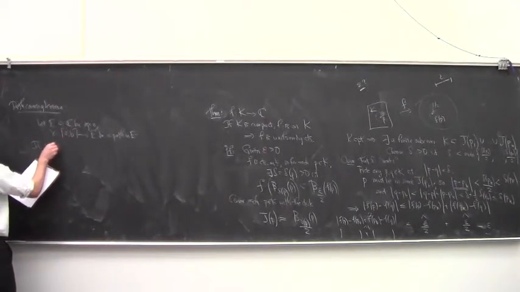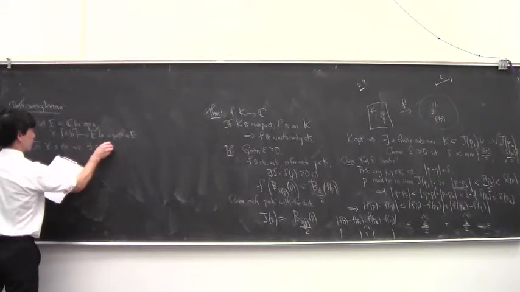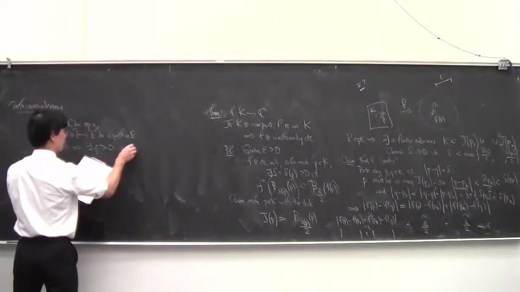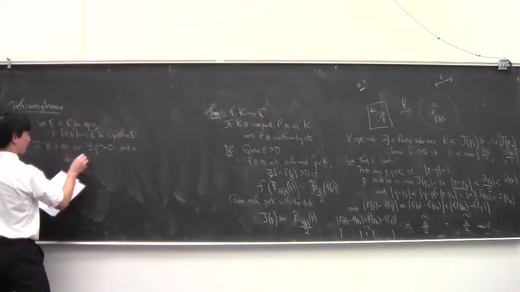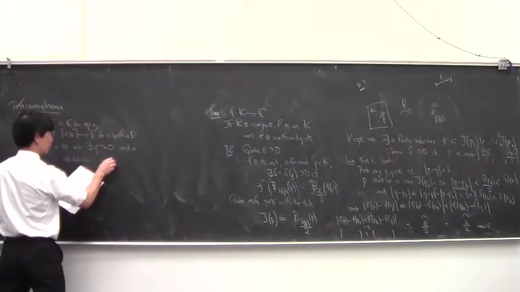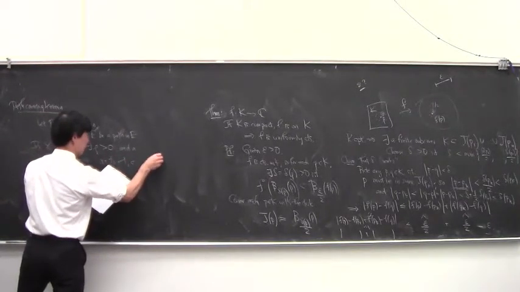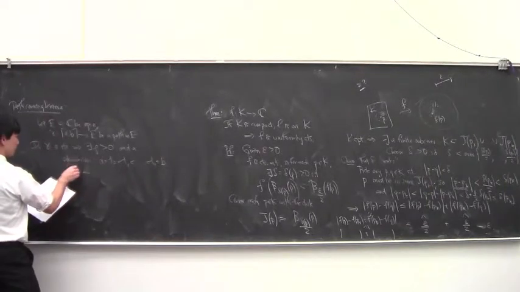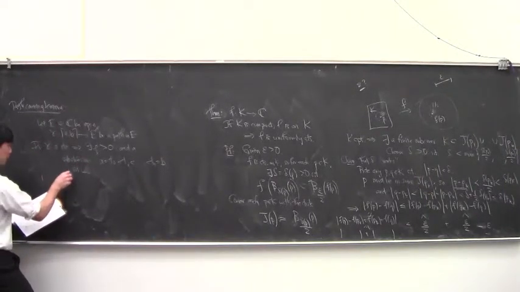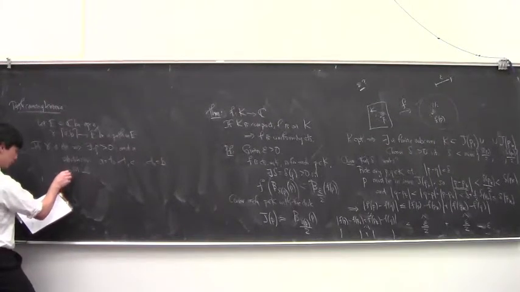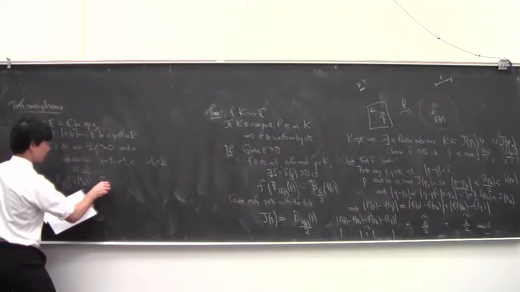If gamma is continuous, then there exists a delta greater than 0 and a subdivision A equals t0, t1, t2, and so on, tn equals B, such that the ball of radius rho around gamma of tk is contained in the set for all k.